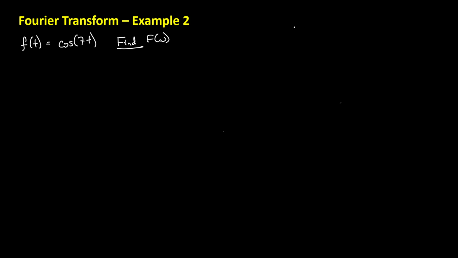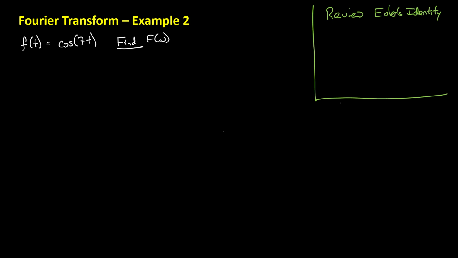Before we dive into it, though, I want to do a quick review of Euler's identity. Euler's identity says if you take this complex exponential, it has a real part, and that real part is cosine of omega.